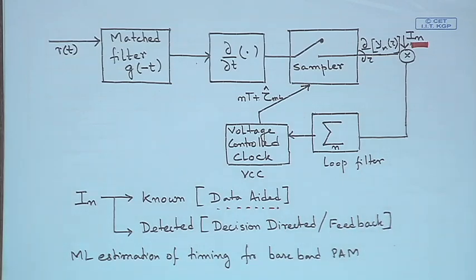So, one question could be that when I do not know the clock, then how about deciding on In? It could be erroneous. The answer is very true, but we can also think of when the system starts, there could be some initial amount of pilot, a very tiny amount of pilot, which can be used to get the initial acquisition, which is almost correct.